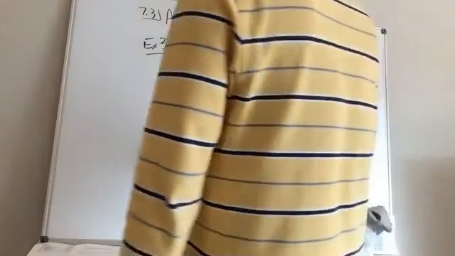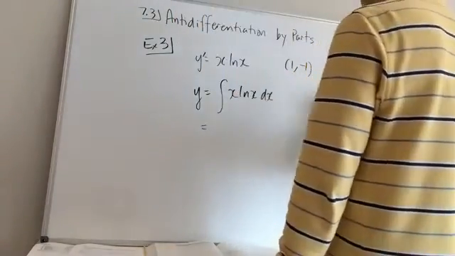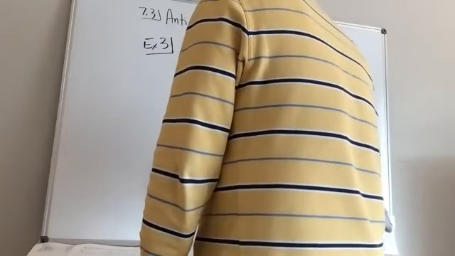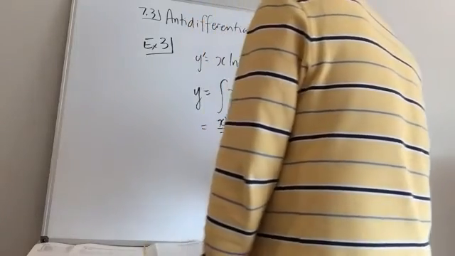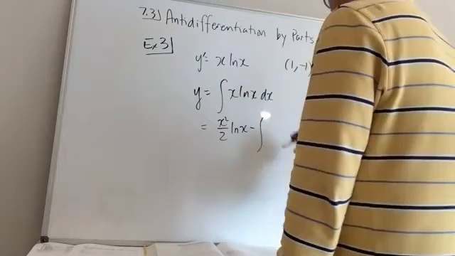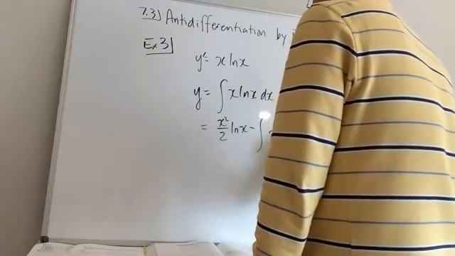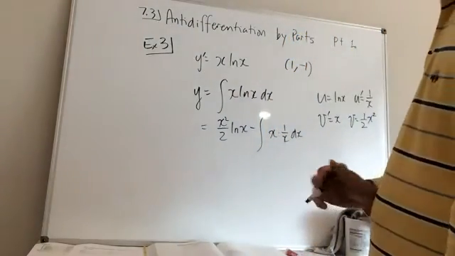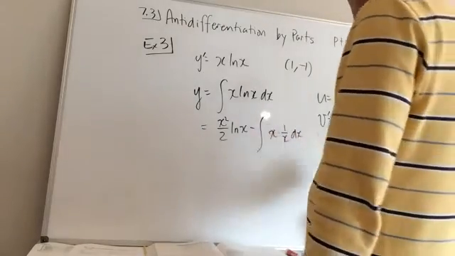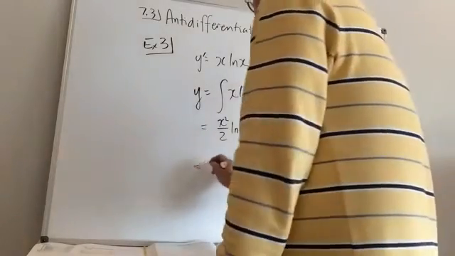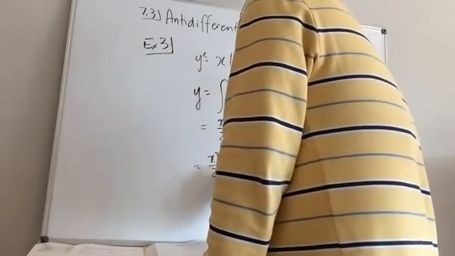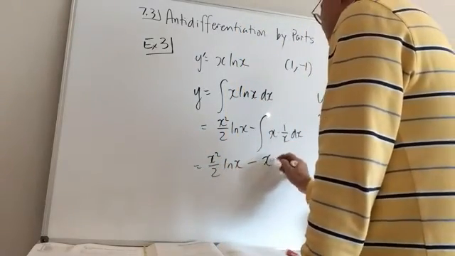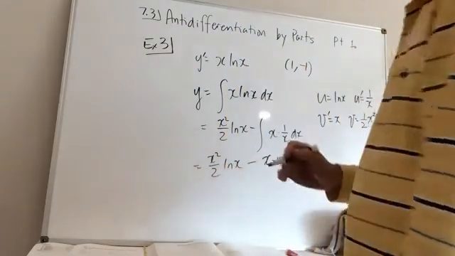So I'm going to get uv, which is x squared over 2 times natural log of x, minus this guy here, which is x times 1 over x dx. What does this guy become? This guy becomes 1. So basically I get x squared over 2 natural log x minus x plus c here, right?